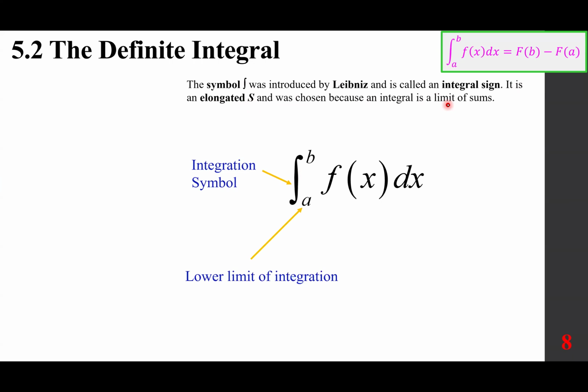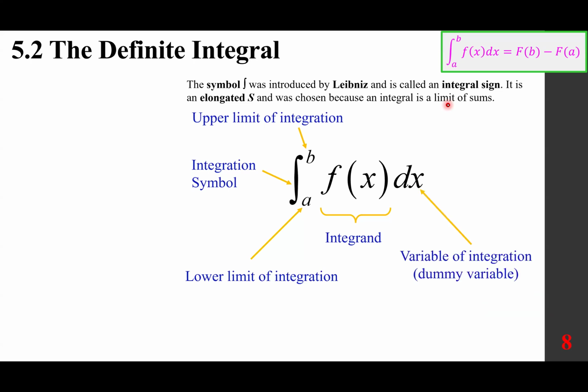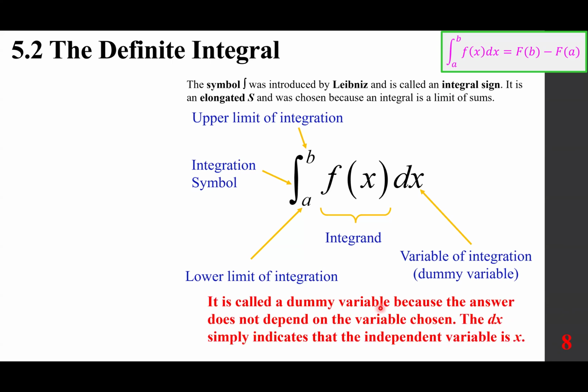Lower limit of integration, upper limit of integration, integrand, variable of integration, also known as dummy variable. It is called a dummy variable because the answer does not depend on the variable chosen. The dx simply indicates that the independent variable is x.